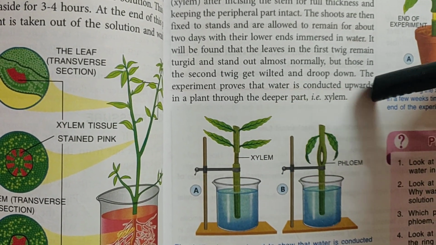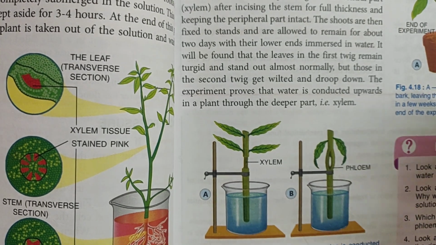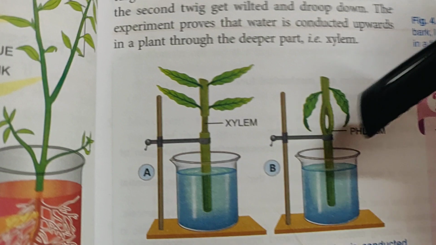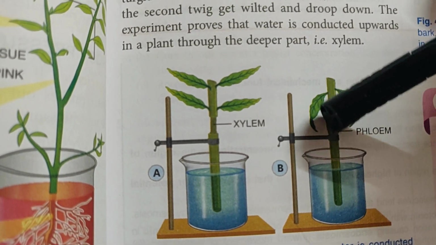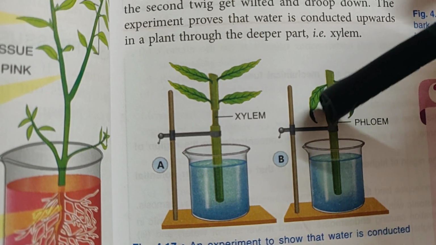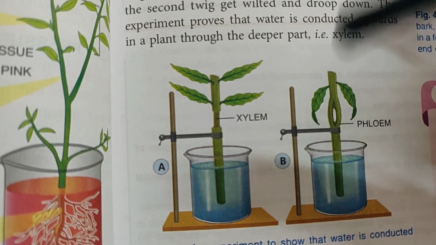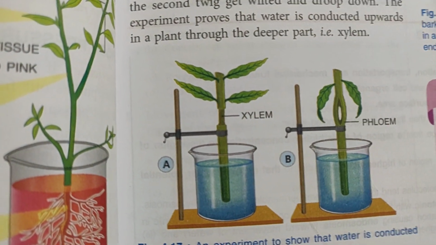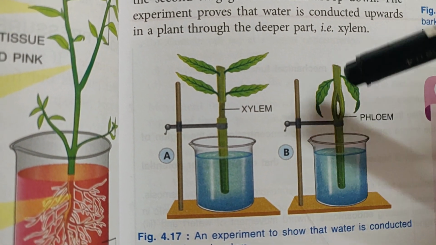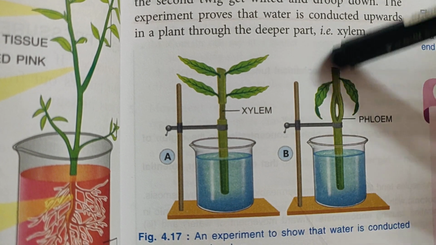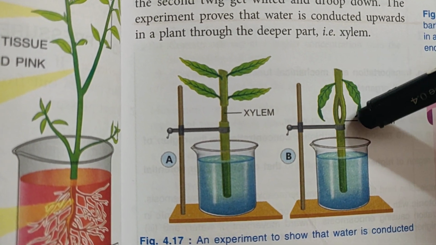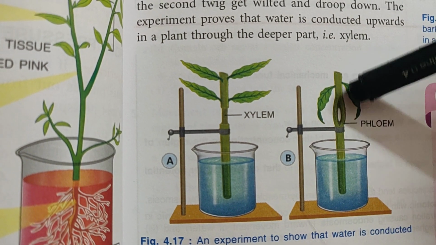We know that xylem is present in the inner part of the stem, near the pith. So if I make an incision like this, what does this mean? That in this portion, where there is this hole, water will not be conducted. So till this portion water will be conducted, but from here there will be no conduction of water. So obviously the leaves present here will wilt, will show flaccidity.